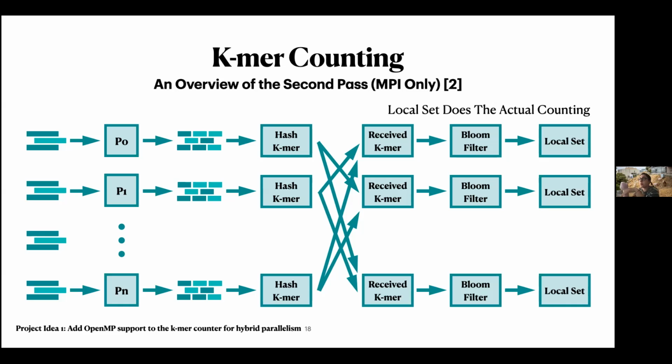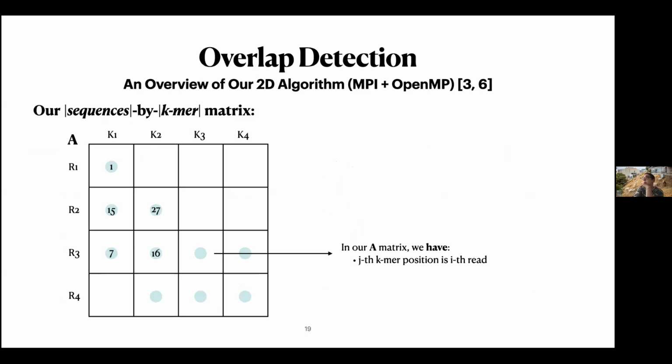But having MPI only in the k-mer counting forces our whole pipeline to run with multiple MPI processes per node, while if we could have OpenMP supporting the k-mer counting, we would have multi-threading within a single node and one MPI process per node.